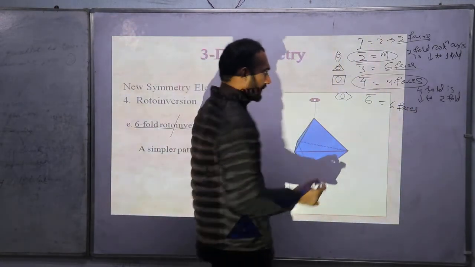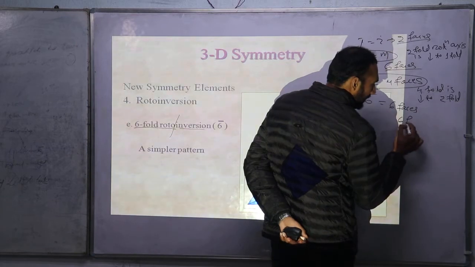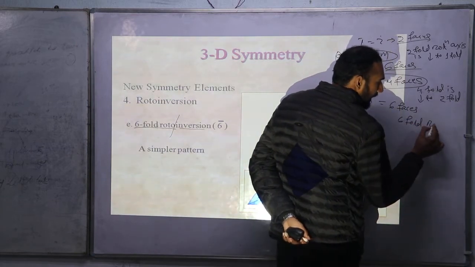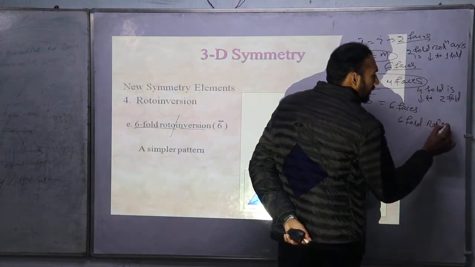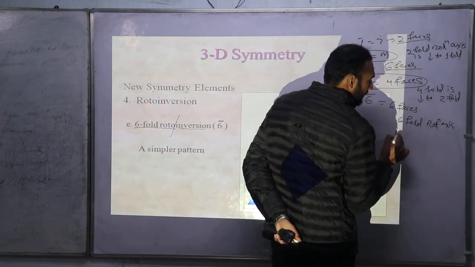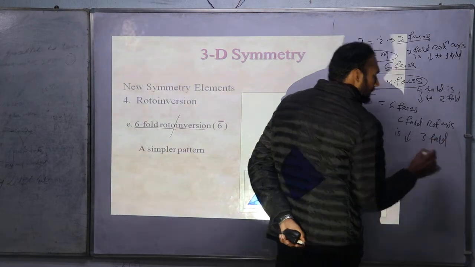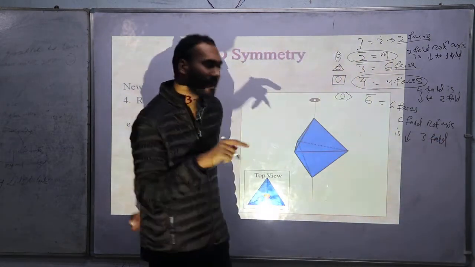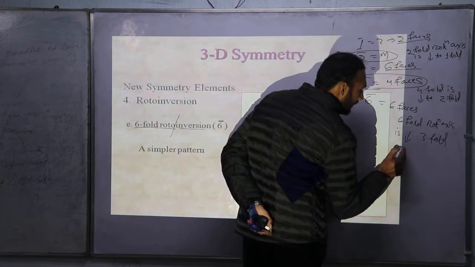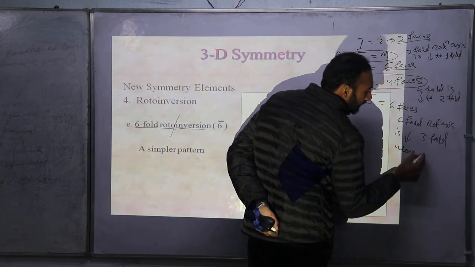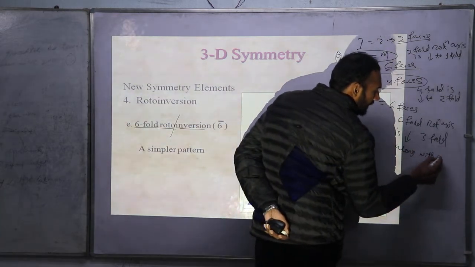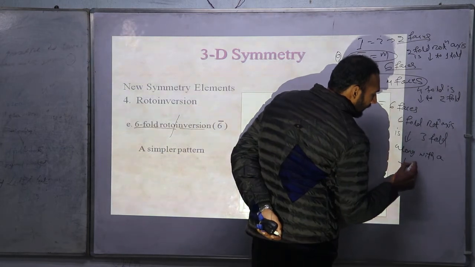But the 6-fold rotation axis is reduced to 3-fold, and there is another mirror, a perpendicular mirror plane.